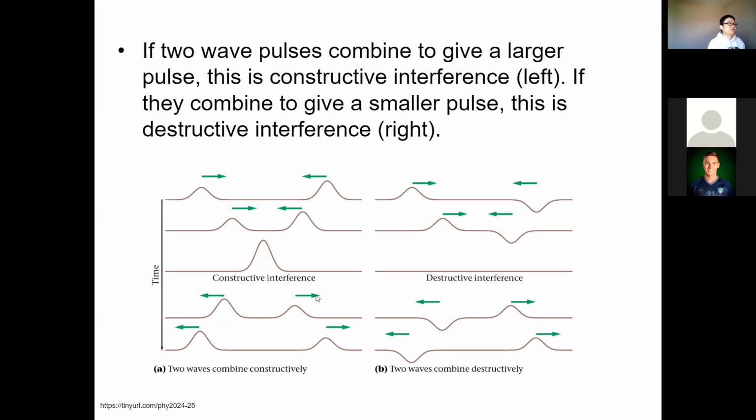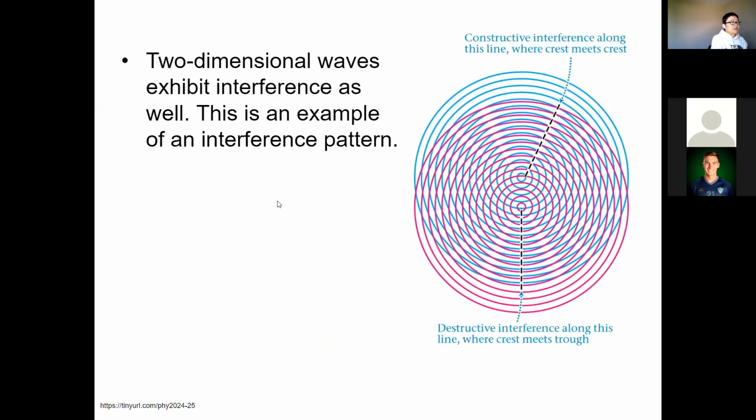The second wave goes one way and the first wave goes to the left, and the magnitude wouldn't change. That's one feature of waves: after they meet, they behave like it never happened.